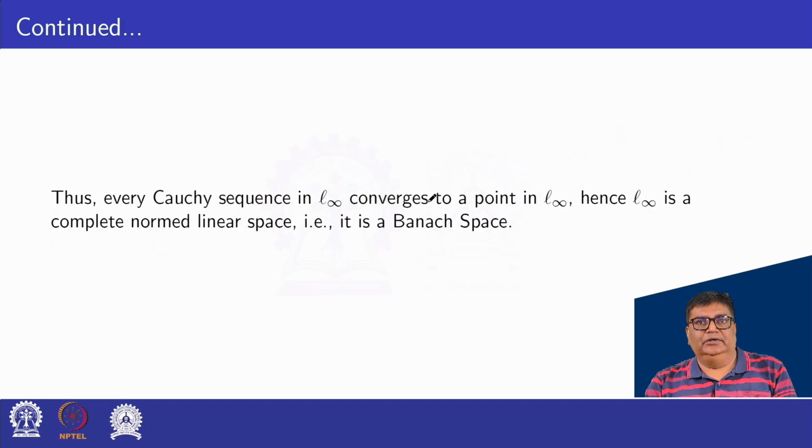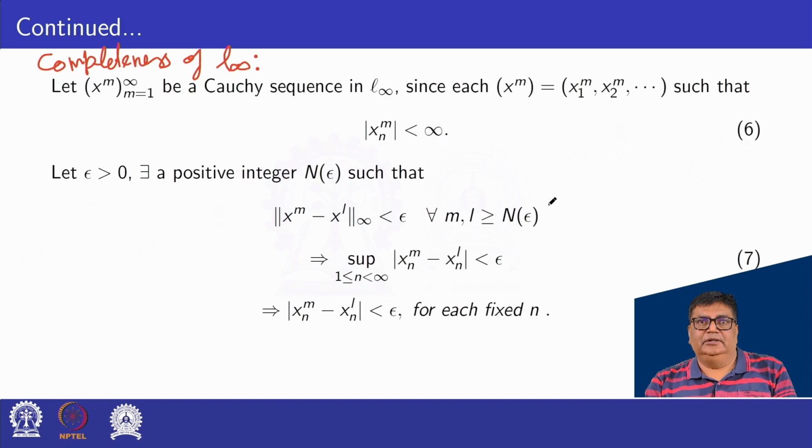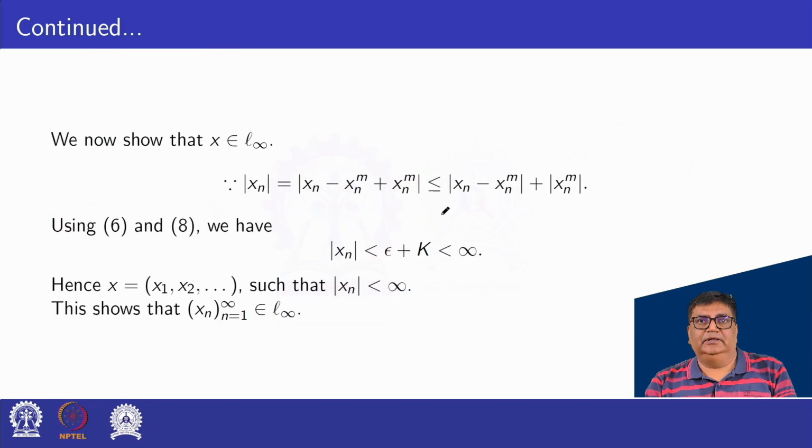Using this, the value of this one is less than epsilon, and mod x_mn from equation 6 is bounded by some positive number, that is k.